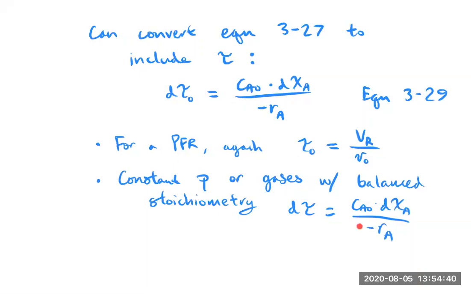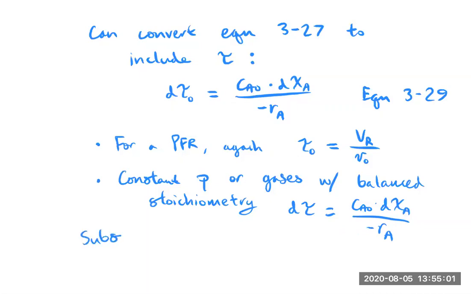Let's see what happens when we substitute the definition of conversion back in. If we want to put things back in terms of concentration rather than conversion, maybe for a PFR, then here's what happens.